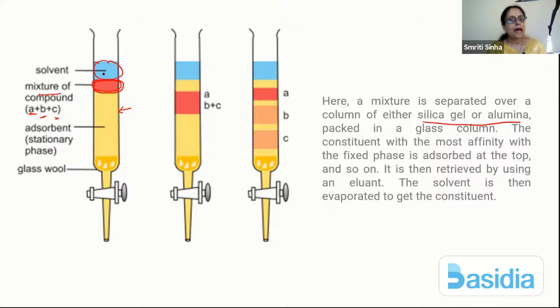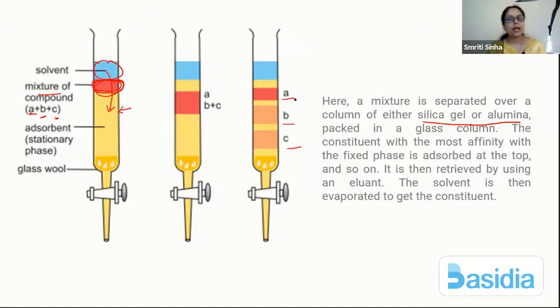Now the solvent will try to come down under the influence of gravity. As the solvent moves down, it will take all the components along with it. Depending on how soluble the component is in this solvent and how much it is able to adsorb on the stationary phase, A, B, and C will get separated out.